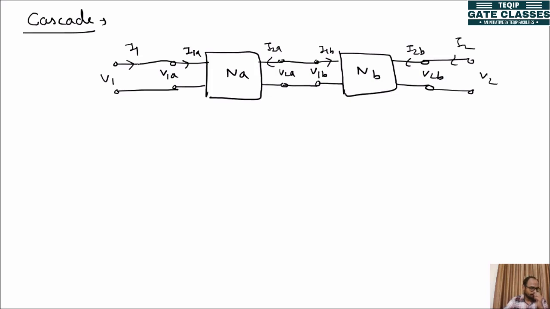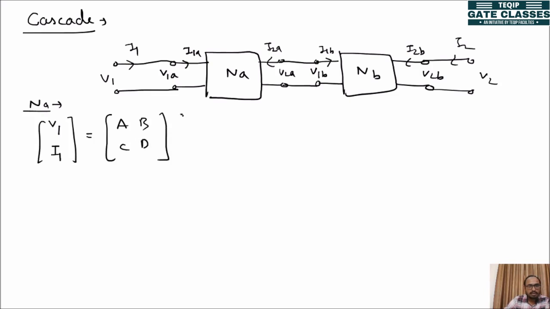See, for network A, if you take ABCD parameters here, then it is very convenient to characterize these networks. For network A, you can write V1, I1 is equal to ABCD times V2, minus I2, but since ABCD parameters are transmission parameters, we take minus I2 here, as we have discussed in the previous lectures.